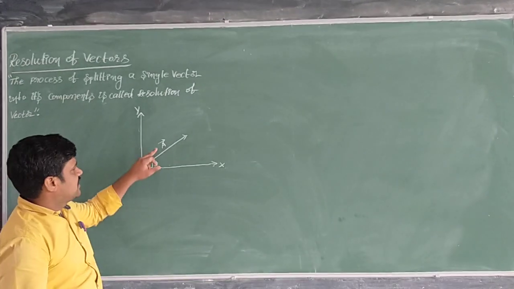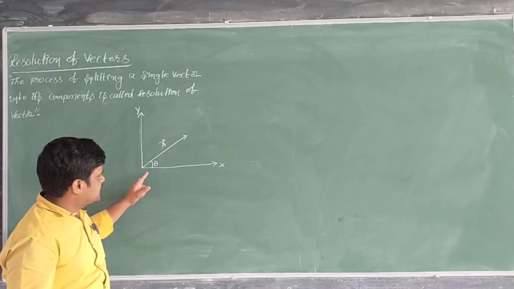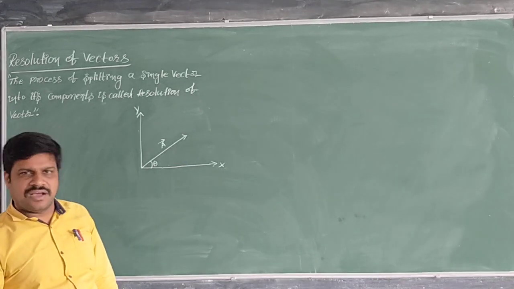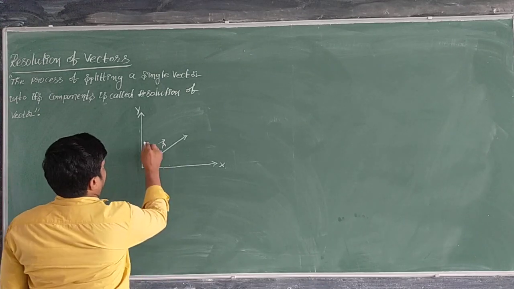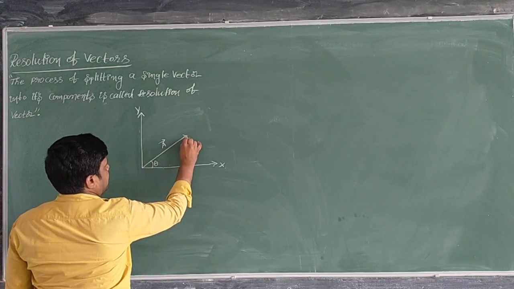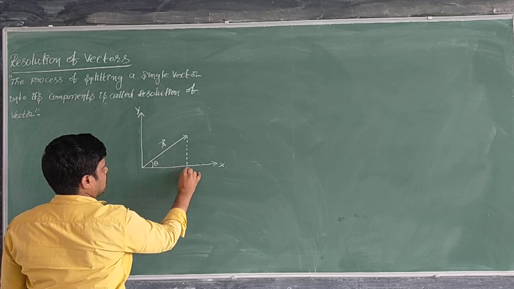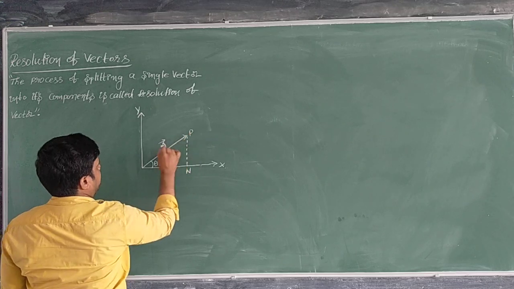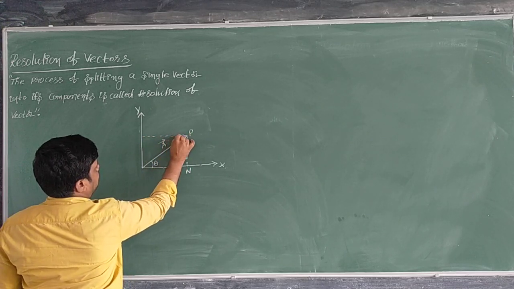Now in that case, the effect of vector a bar is there along the x-axis as well as along the y-axis. Now draw a perpendicular from here to here, one perpendicular. This point is named N. This point is named P. Now from here to here draw another perpendicular.